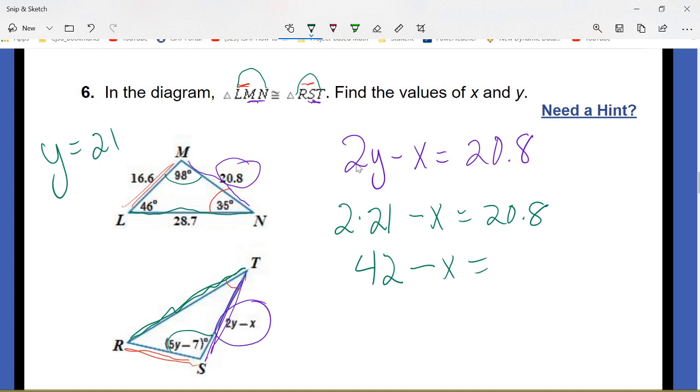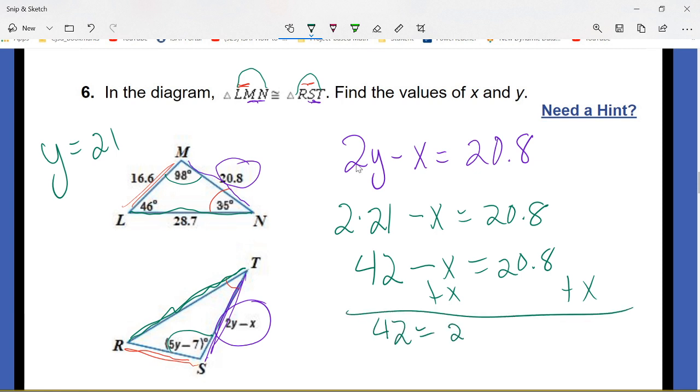If I add x to both sides, I get 42 is equal to 20.8 plus x. If I take away 20.8 from both sides, I get x all by itself, which is equal to 21.2.